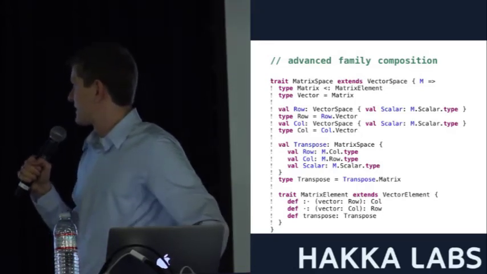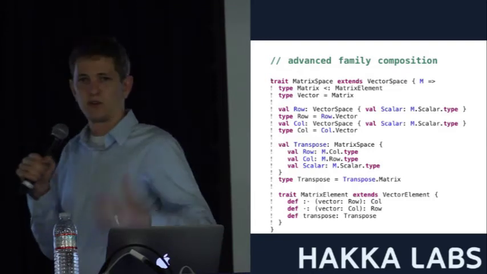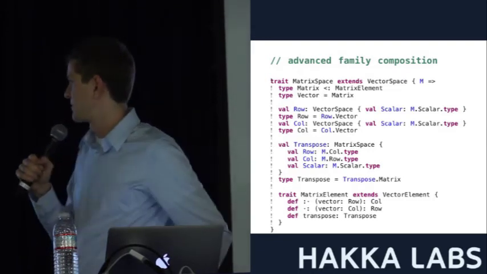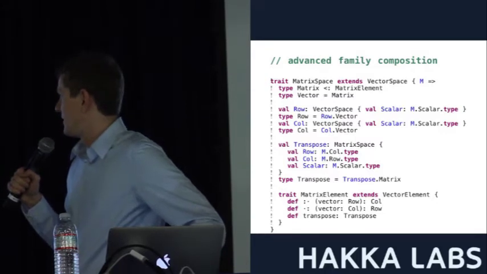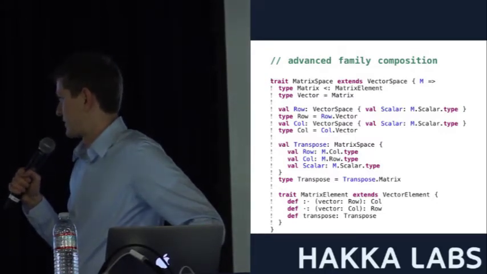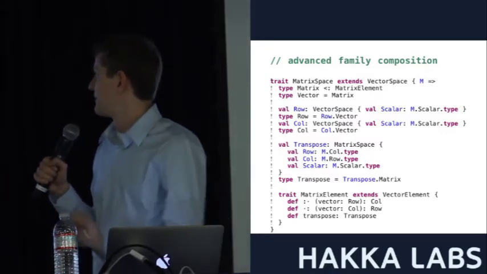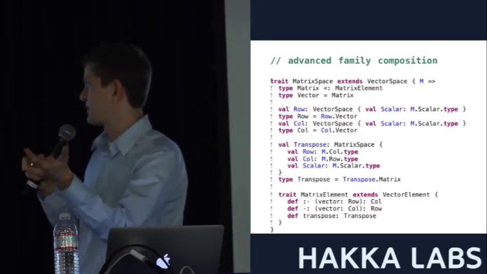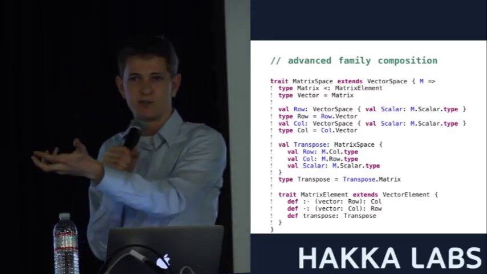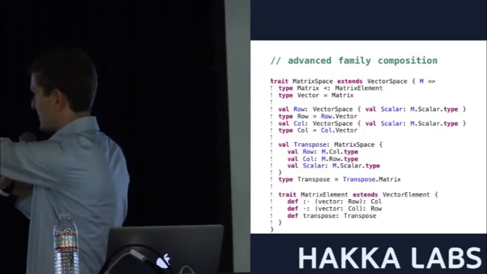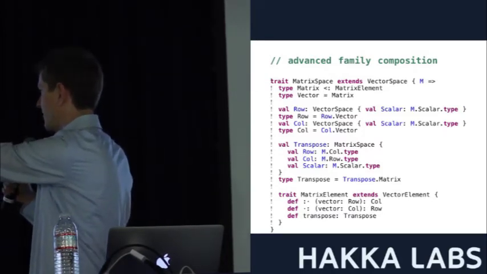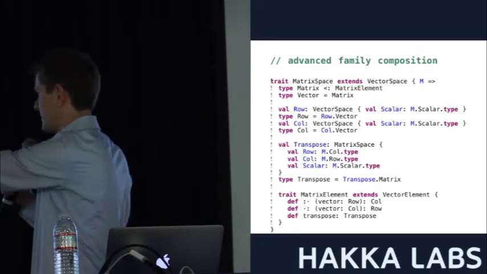So we've got nice, concise syntax to work with here for rows and columns. We've got short type names. And we can even model the transpose of a matrix space similarly, where we say we've got some transpose space, which is a different matrix space, and the row space of the transpose space is the column space of this space, ditto for the column space.